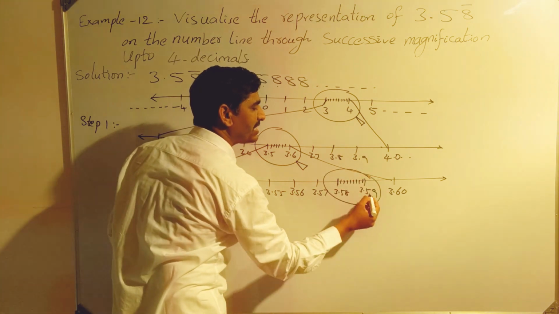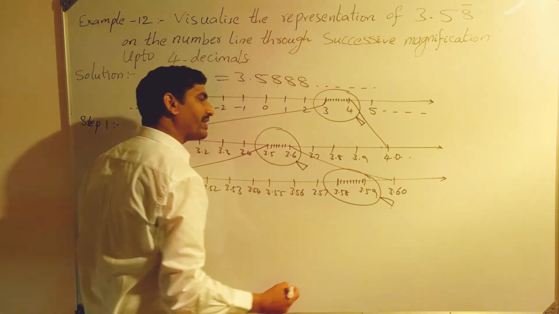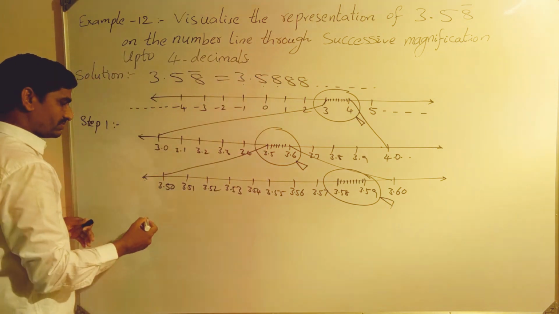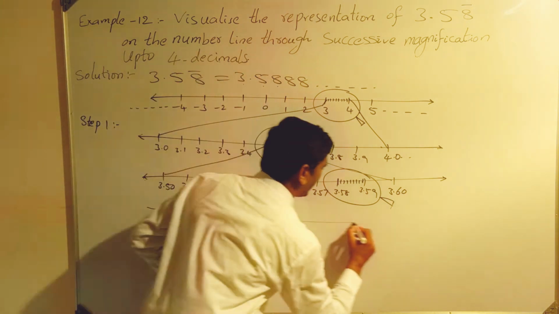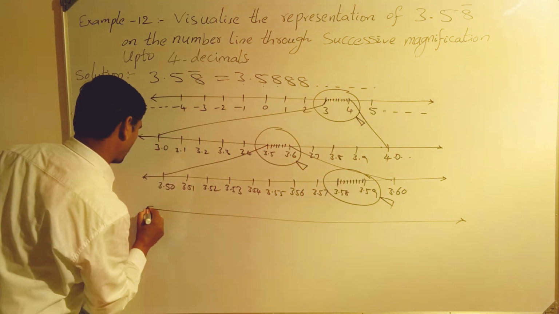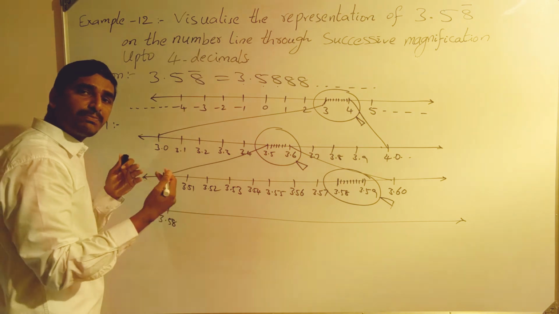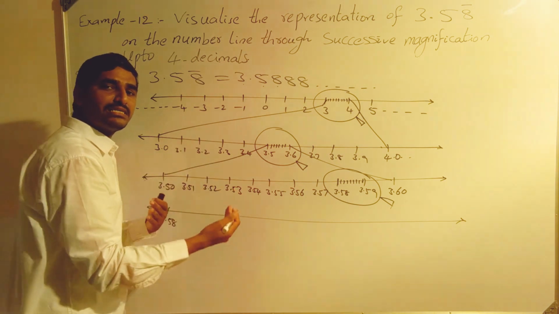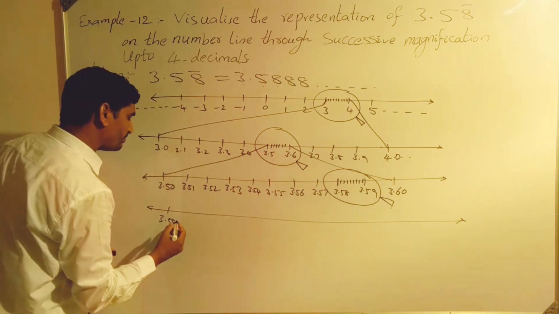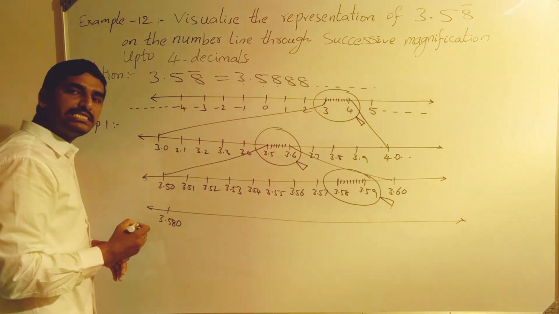This is another magnification, again verifying. Now this is taken on the number line. It starts from 3.58. After that decimals we can take 1, 0. This is considered as 3.580.